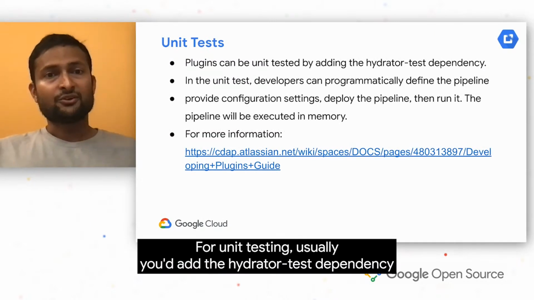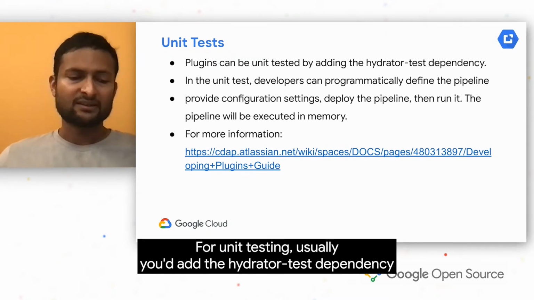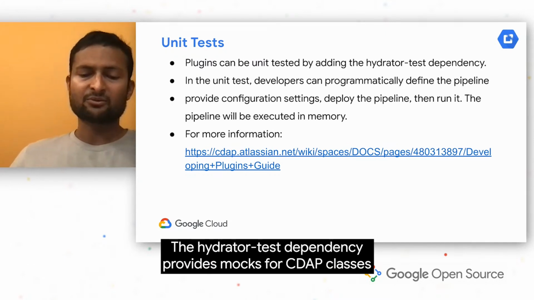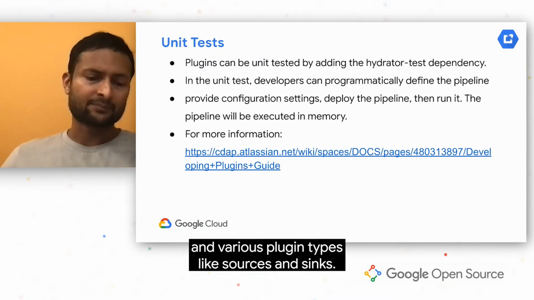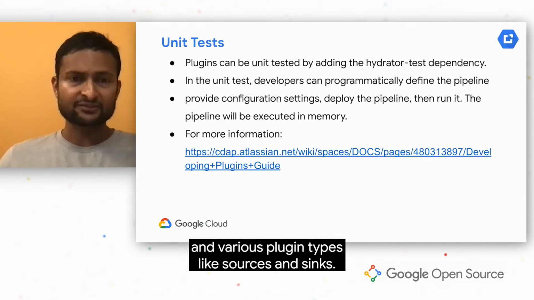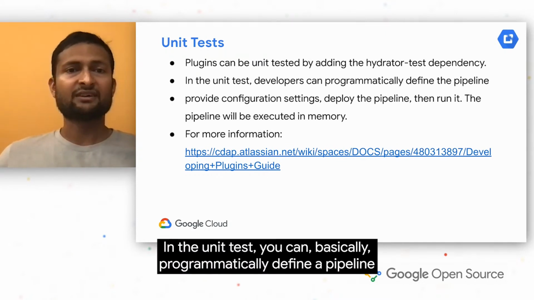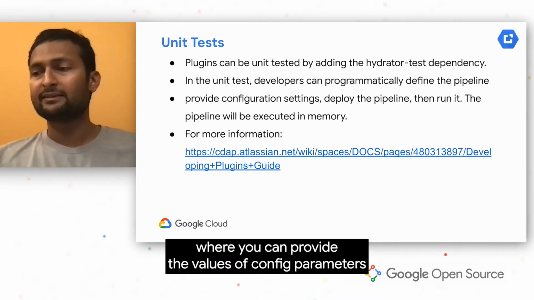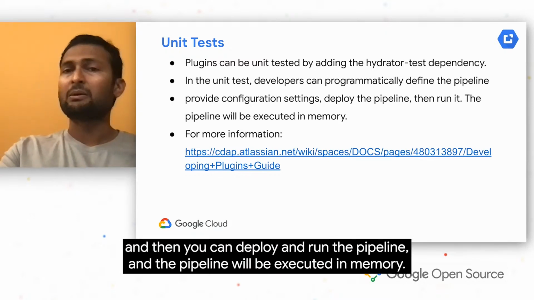For unit testing, you'd add the hydrator test dependency in your pom.xml. The hydrator test dependency provides mocks for CDAP classes and various plugin types like sources and sinks. In the unit test, you can programmatically define a pipeline and provide inputs for each stage, where you can provide the config values of config parameters, and then you can deploy and run the pipeline, and the pipeline will be executed in memory.